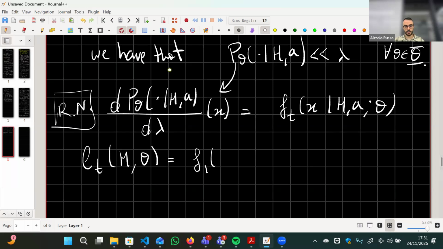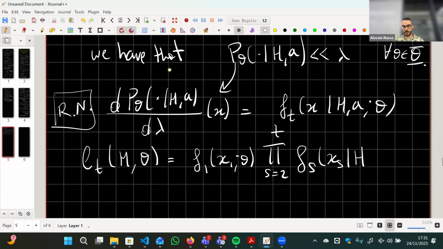So we have f1 of x1 times the product from s equal to 2 up to time t of fs of xs given hs minus 1, as, where we have as, semicolon theta.